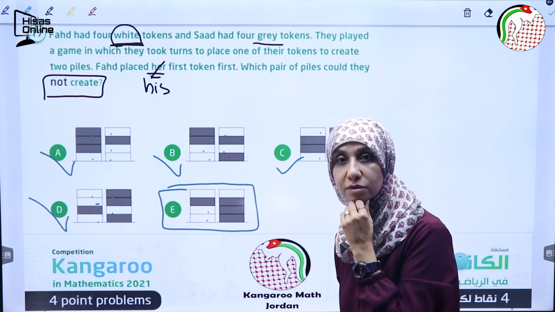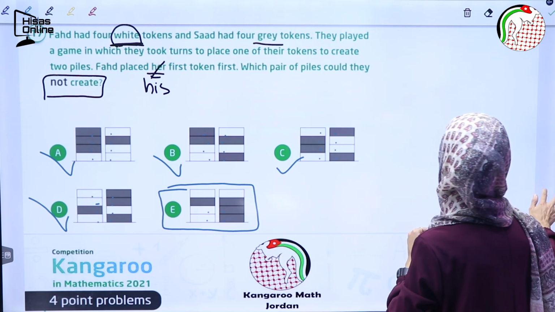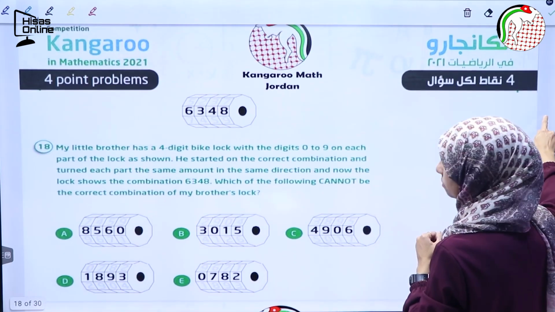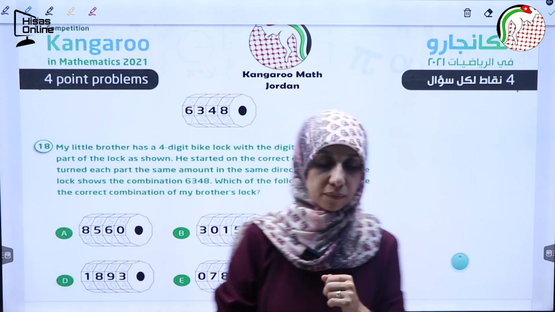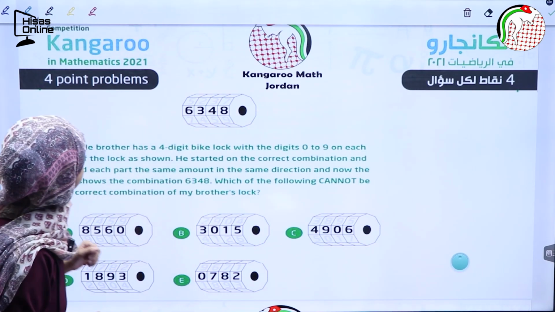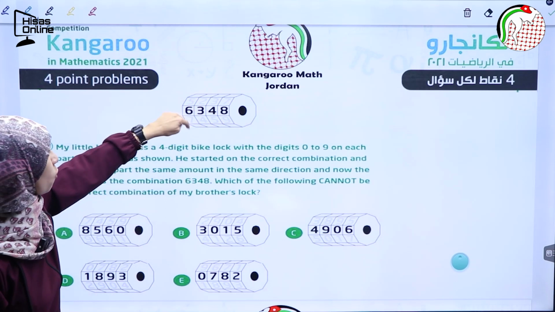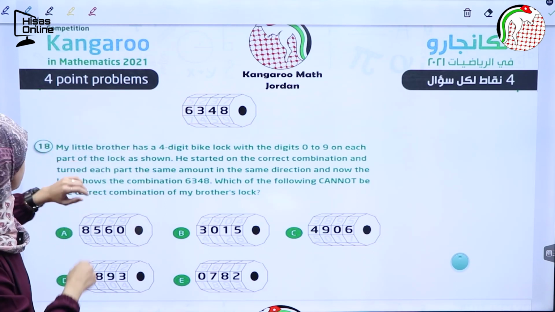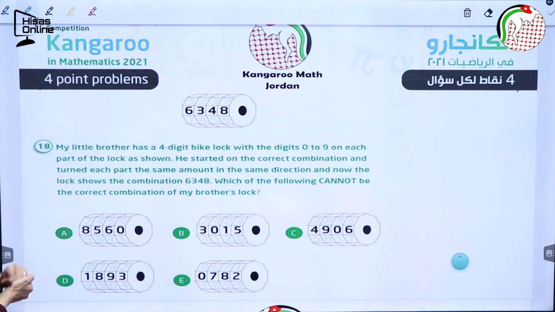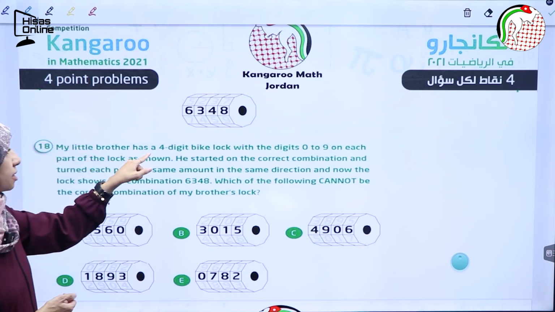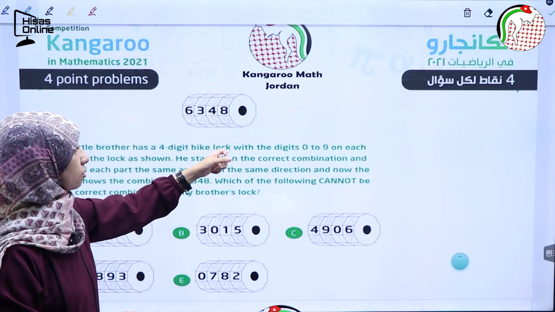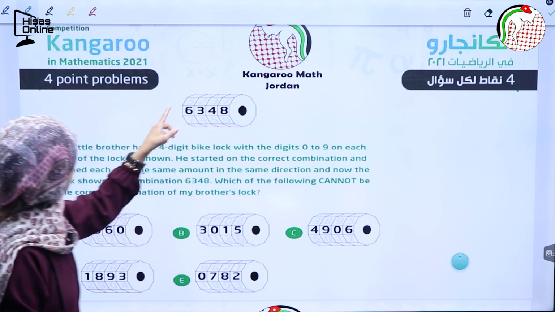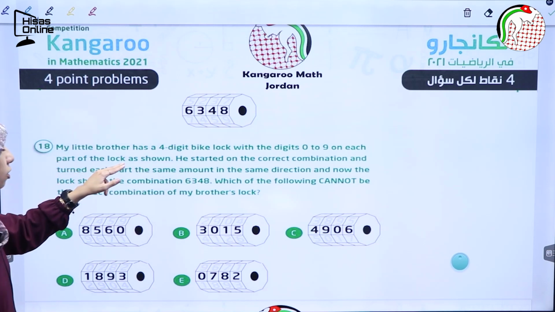Let's move to question 18. We can see here a lock, and let's see the story behind this. My little brother has a 4-digit bike lock with the digits from 0 to 9 on each part of the lock as shown.